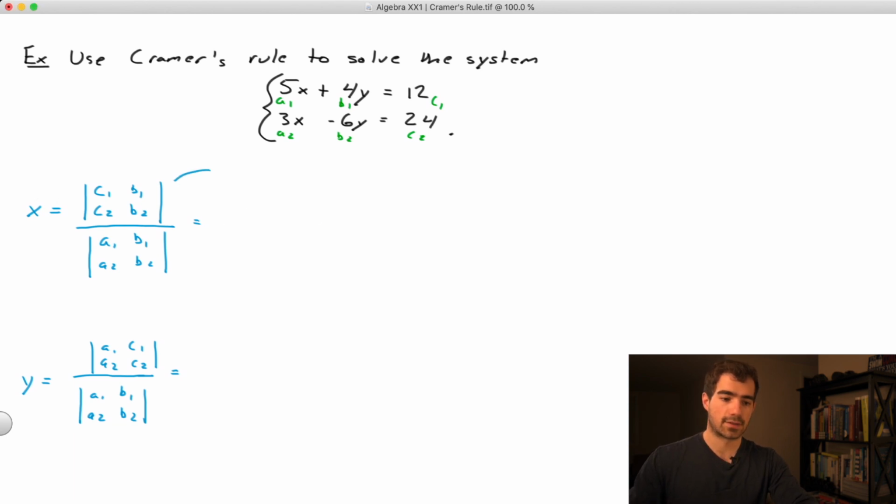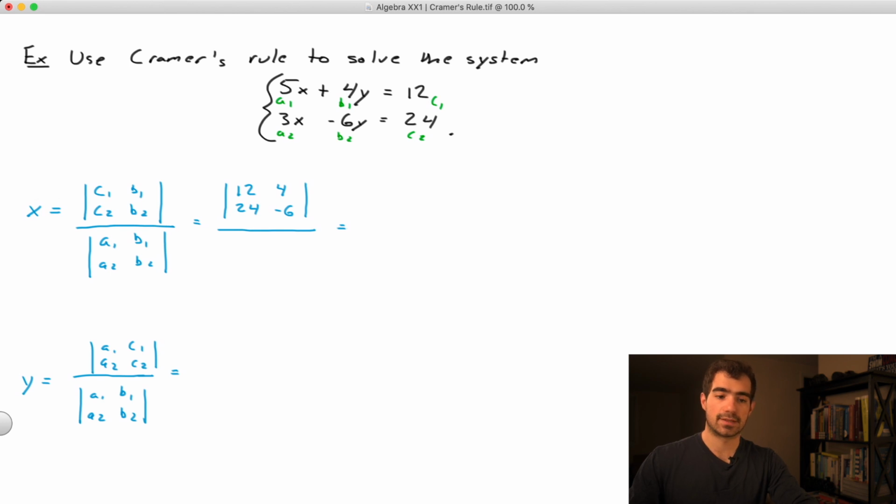So let's start with this first one up top. We have C1, B1, which in this case is going to be 12 and 4, just pulling these again from these equations here, their coefficients. And then C2, B2, which will be 24, negative 6.